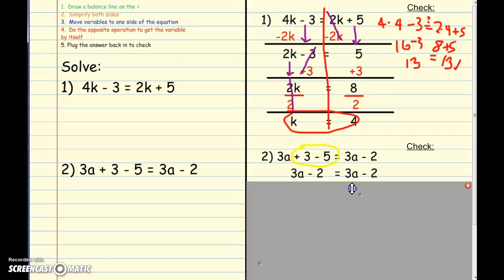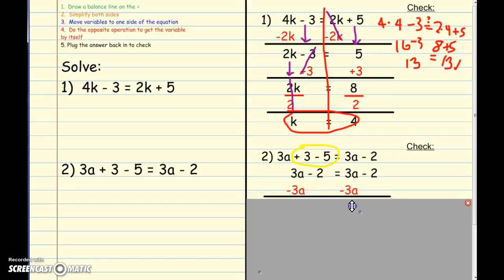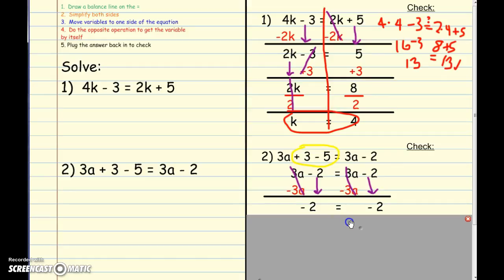Again, the goal is to get the variables on one side of the equation, so I'm going to subtract 3a from both sides. As we've already talked about, that cancels the 3a here. I'm going to bring my negative 2 down. My 3a's are also canceled on this right-hand side, and I'm going to bring this negative 2 down. So I get negative 2 equals negative 2.